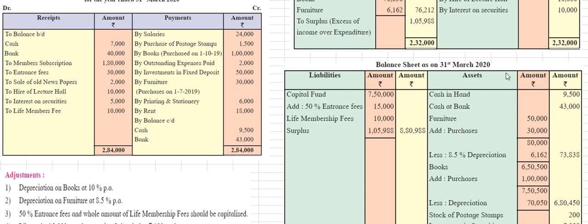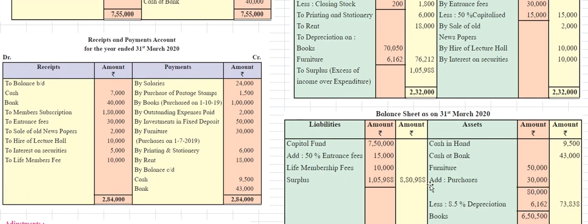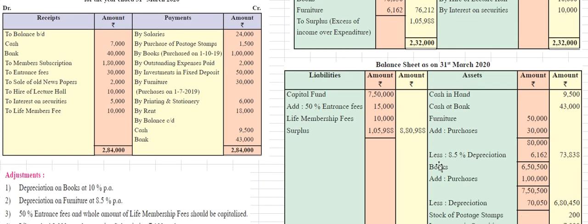So next, on the asset side we'll calculate cash in hand. Cash in hand is 9,500 rupees, and cash at bank is 43,000 rupees, and the furniture amount is 50,000 rupees, and add purchases of 30,000 rupees, and its total amount is 80,000 rupees. 80,000 rupees less 8.5% depreciation, 6,162 rupees, so it is 73,838 rupees.